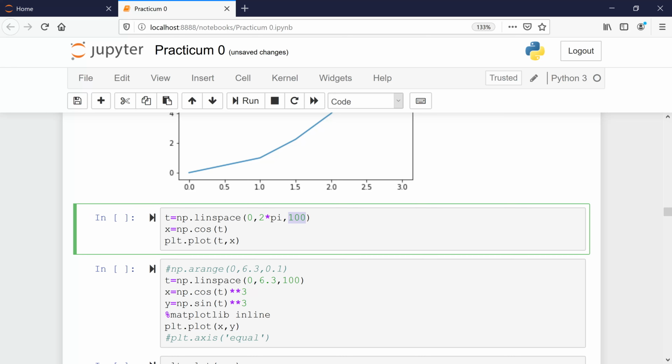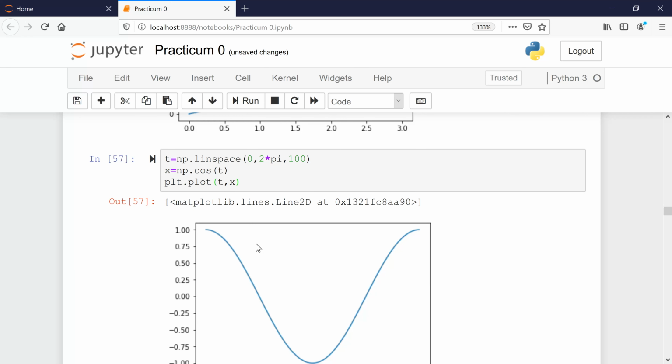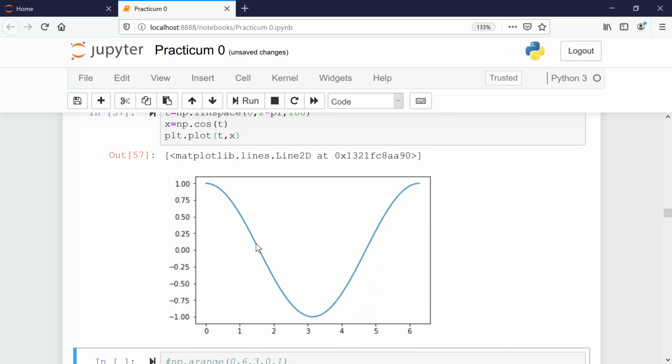So we divide the interval 0 to pi into 100 equal parts. Okay, so this is the t. Then you take the cosine of this vector, and then you plot them against each other, and you should get something very smooth, like this.